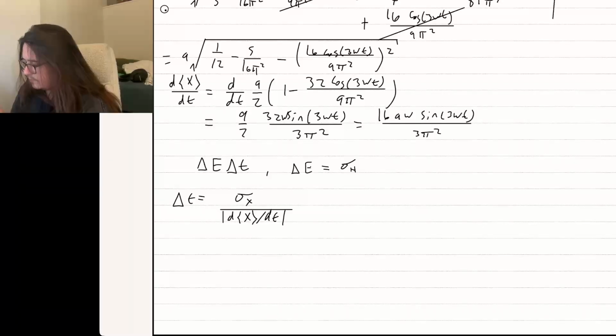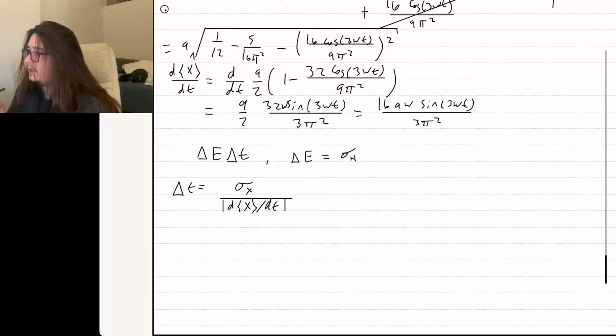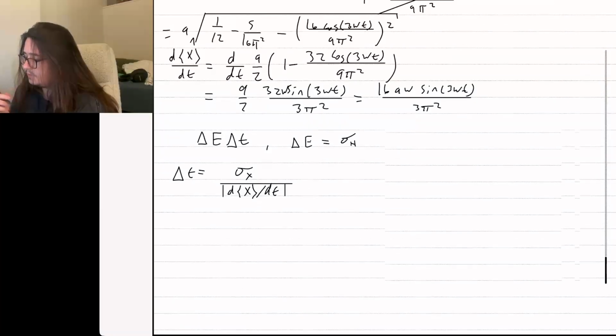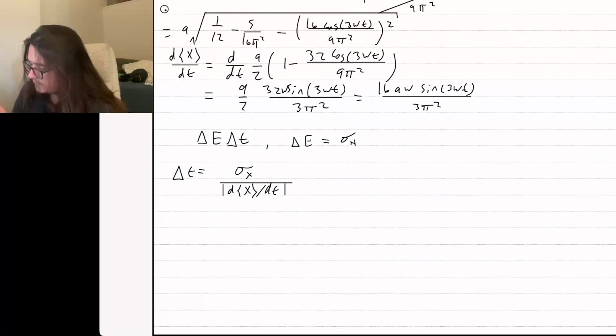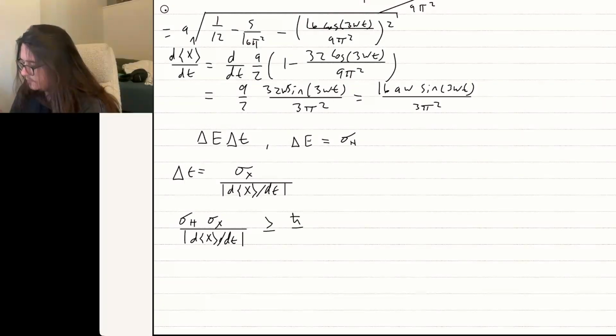That's just one of those equations that came right before this problem. And so we're just going to do sigma h, sigma x over dx dt, and check that it is greater than or equal to h bar over 2.